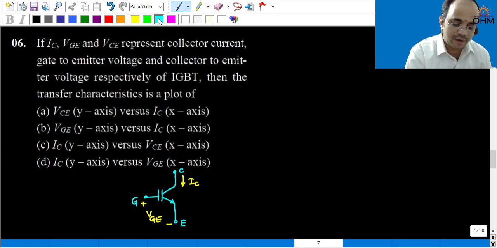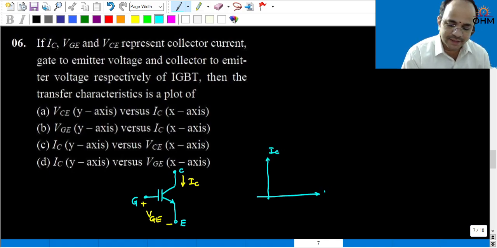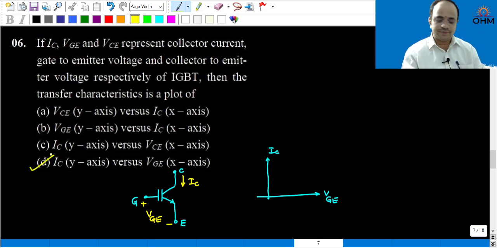Therefore you will have the characteristics something like this: output current IC on the y axis versus VGE on the x axis. So option D will match this question.